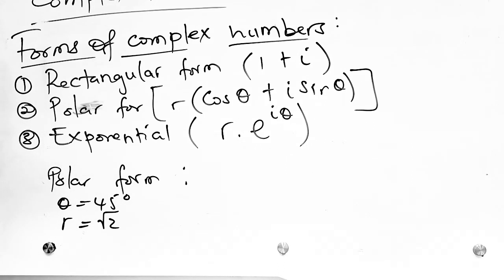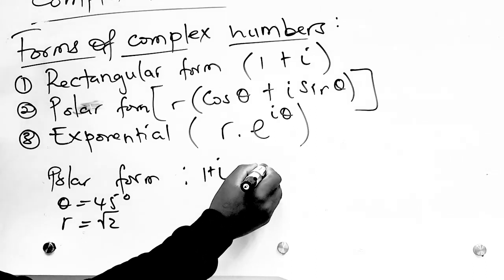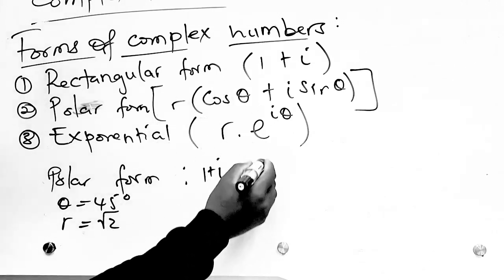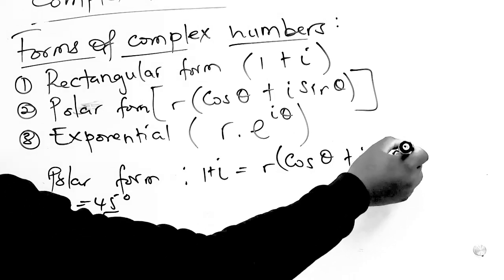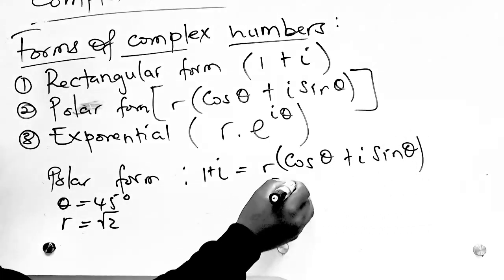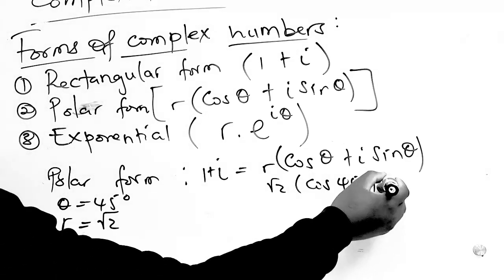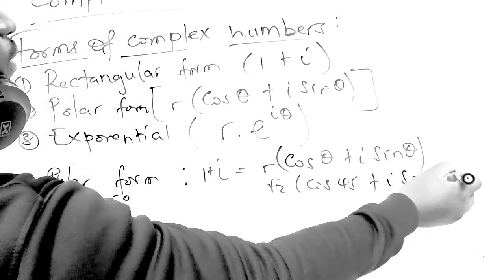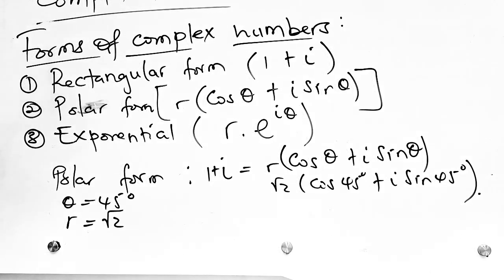To represent that in polar form, since it's in the form r cos theta plus i sin theta, we can say 1 plus i is equal to root 2 cos 45 degrees plus i sin 45 degrees. That's our answer.